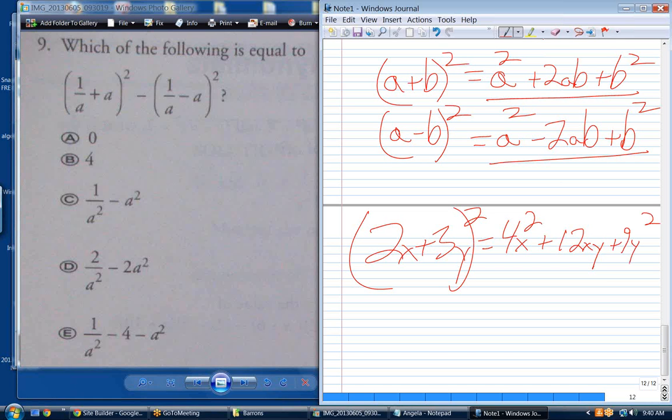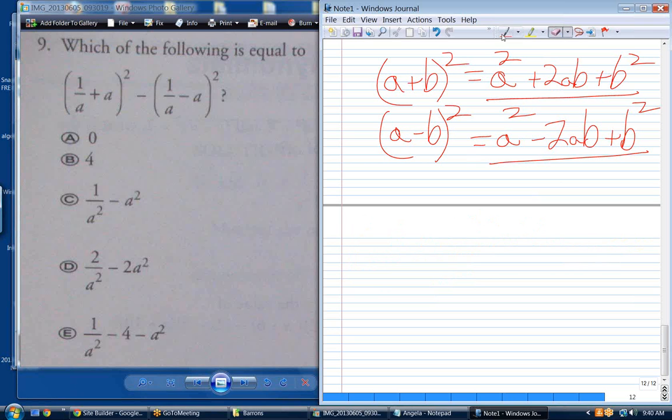Okay? So in this case, I'm not sure that shortcut is necessarily worth it, because if you expand this, what do you get? 1 over A squared plus 2 times A over A plus A squared.